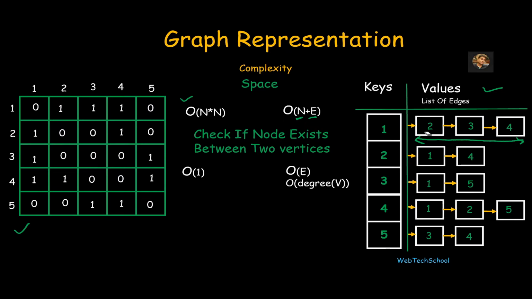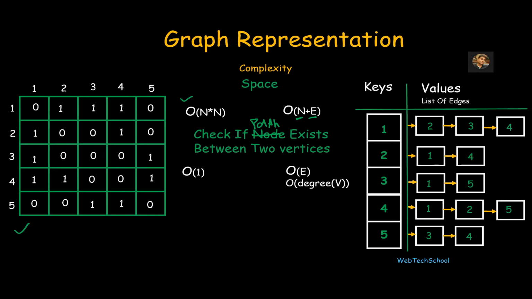Next is checking if there is a path present between two vertices. Let's say we need to find out in a given graph whether between vertex 1 and vertex 4 there is an edge or a path present.